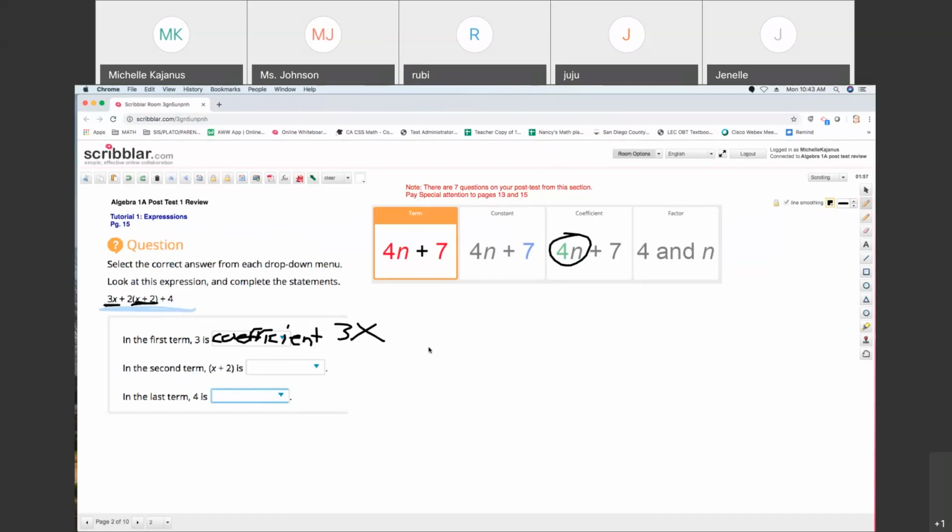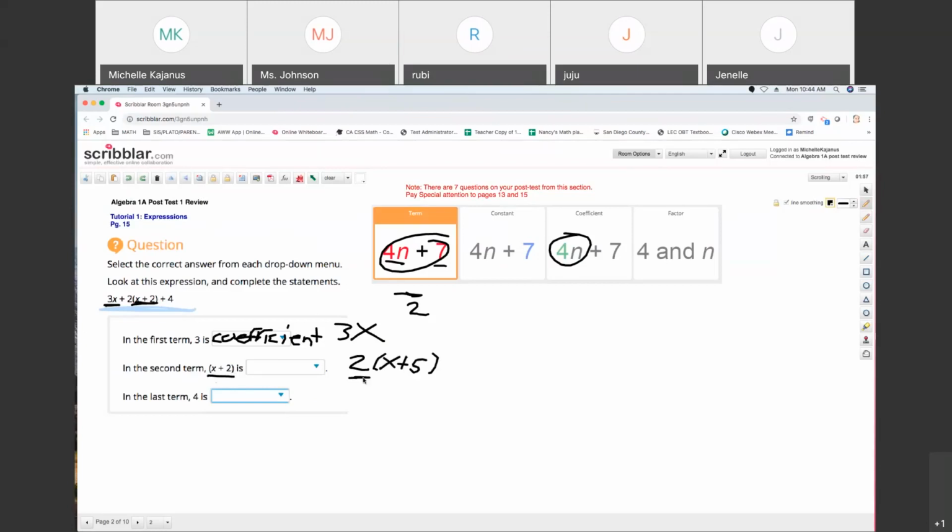Look at the list and see what it looks like. It kind of looks like a term, kind of matches what we have here. But look at the word term. Here the 4n and 7 are highlighted. We have two terms. Kind of tricky there because they're asking you for this whole thing and it has a parentheses. Every time you see a parentheses next to a number, it's like you're multiplying.